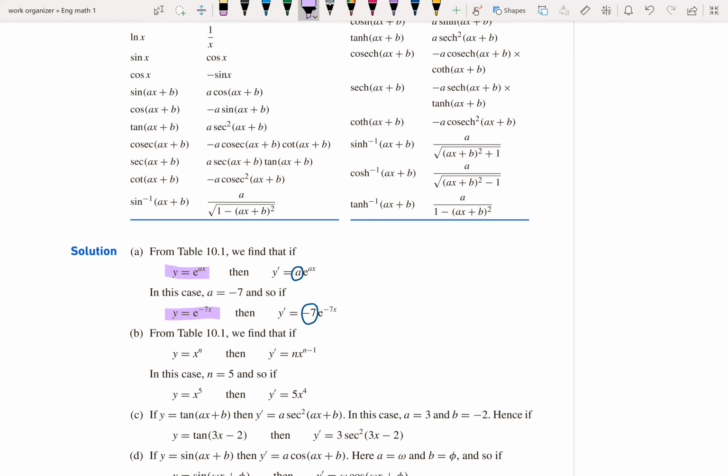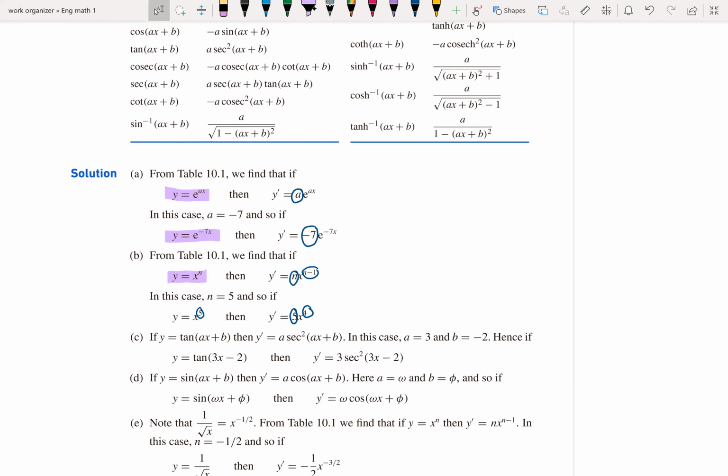And then we have y equal to x to the power of n. So what we have to do is bring n down here, and the power must also be reduced by 1. Same for this one: 5 we bring down here, and then 5 minus 1 equals 4.